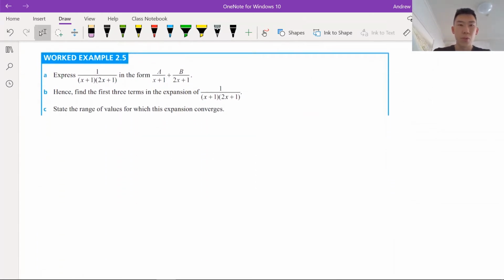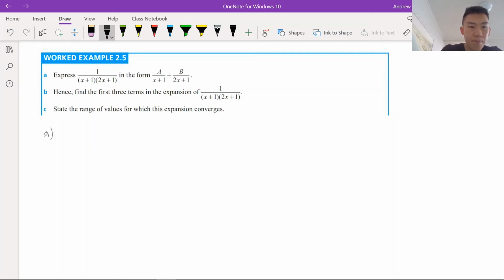Worked example 2.5. Okay, so now part A, let's just do that again, but then part B and C, we kind of have to apply what we've already learned from last term. So A, express 1 over (x + 1)(2x + 1) in the form A over (x + 1) plus B over (2x + 1).